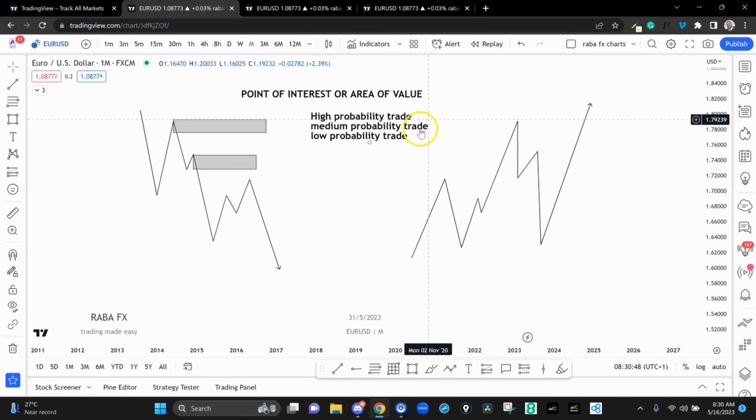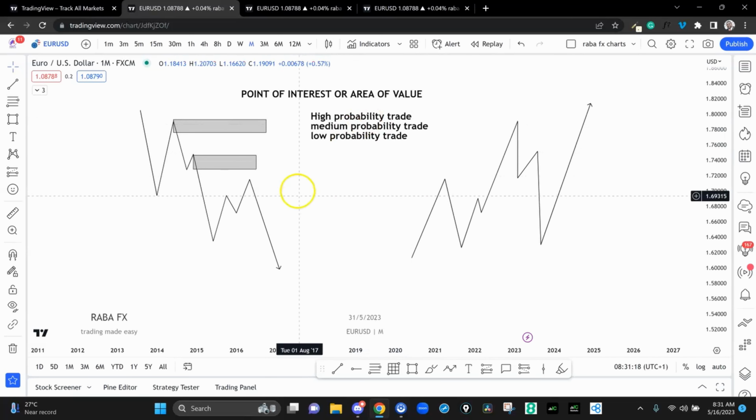For a medium probability trade, there are some criteria that the trade did not meet, but it's still a good trade. And in this case, you can decide to lower the risk, maybe from 2% to 1%. That trade is simply a medium probability trade. And the last one, the low probability trade, is a trade where certain conditions of the trade setup were not met.